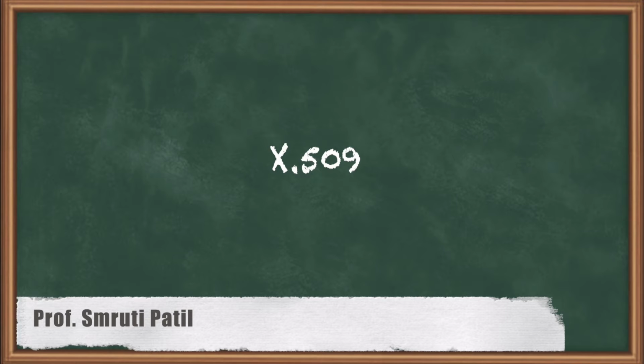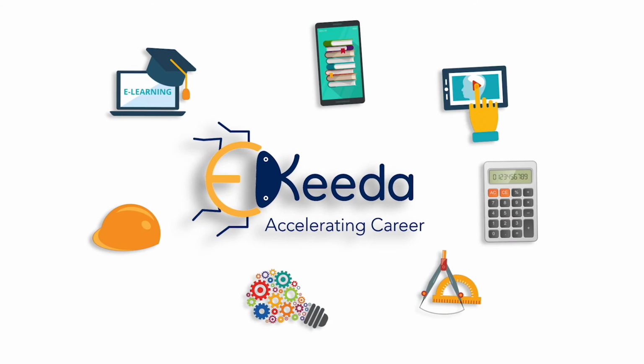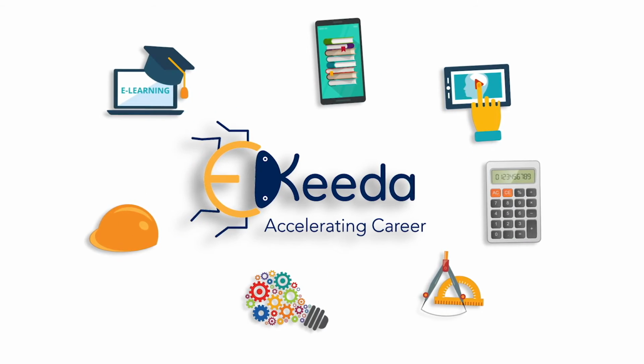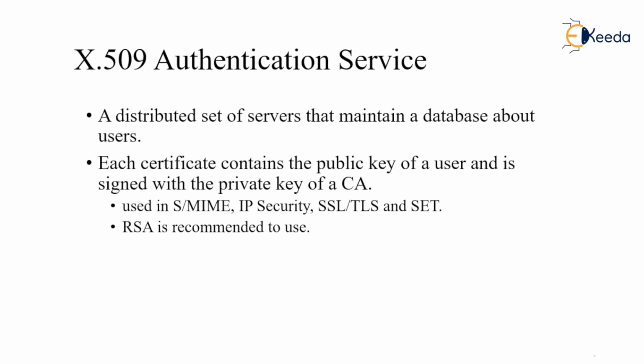First, we'll see the authentication service, and then we'll begin with the X.509 certificate. The X.509 authentication service is a distributed set of servers that maintains a database about the users.